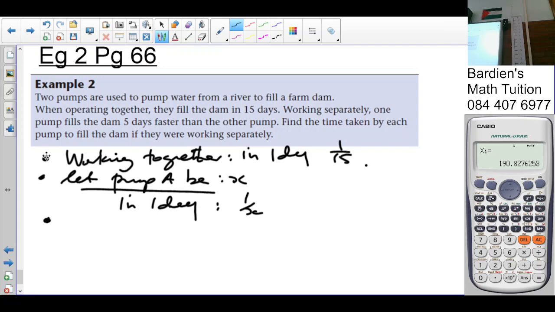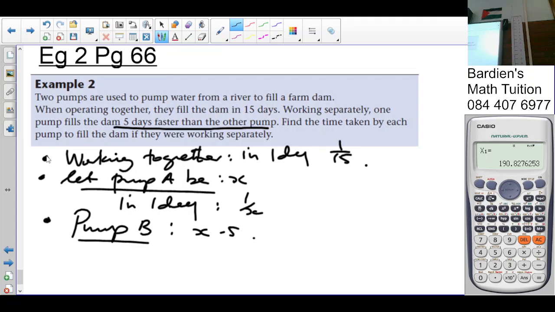Then we are told, working separately, one pump fills the dam 5 days faster than the other pump. So pump B, in terms of X, would be X minus 5. Why?